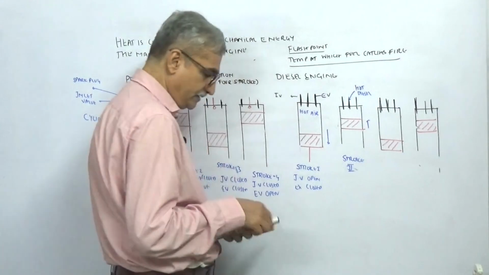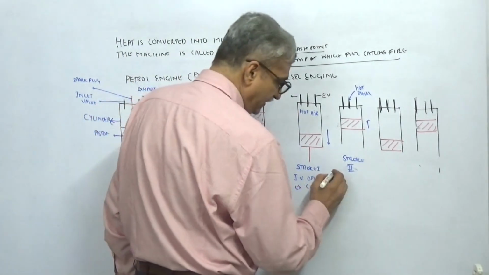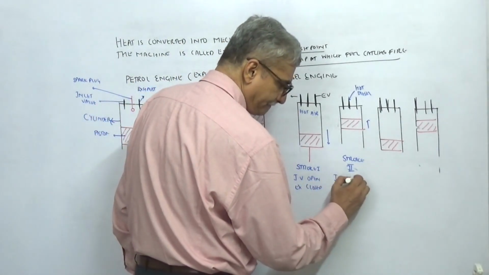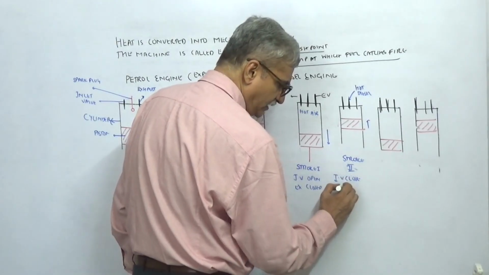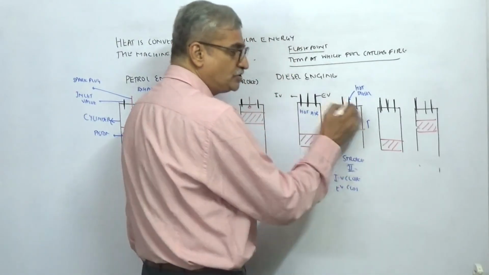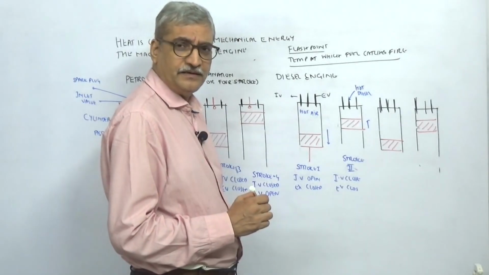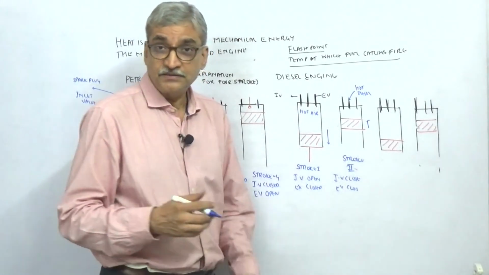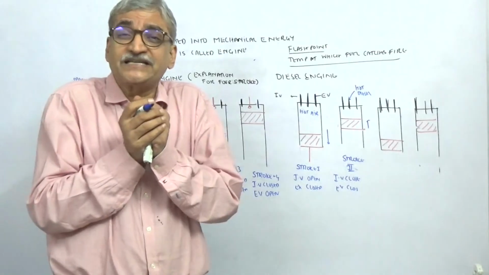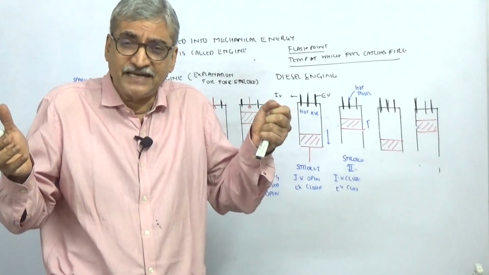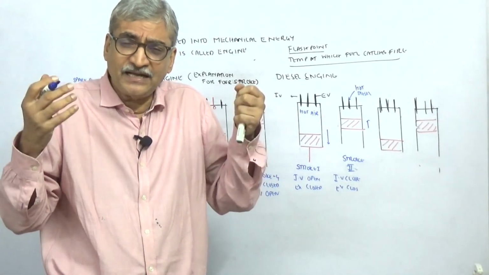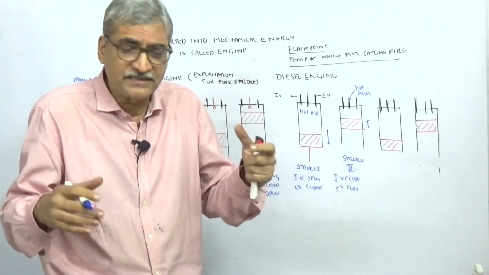When the diesel burns, so here what happens? For this to happen, both your inlet valve is closed and exhaust valve is closed. So the moment diesel burns, the heat supplied is going to be used for expansion of all the gases inside: leftover air, carbon dioxide, nitrogen, everything that is there.